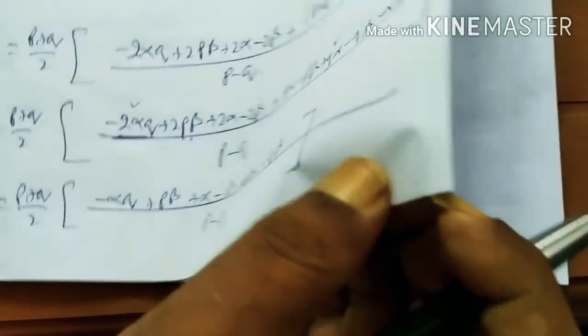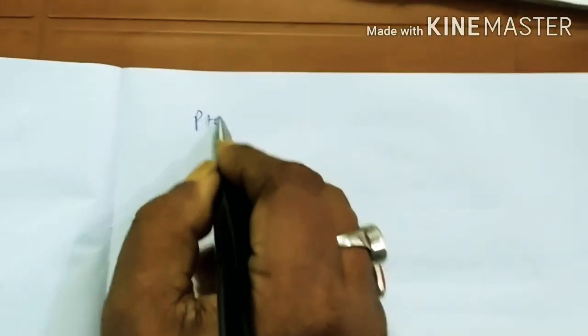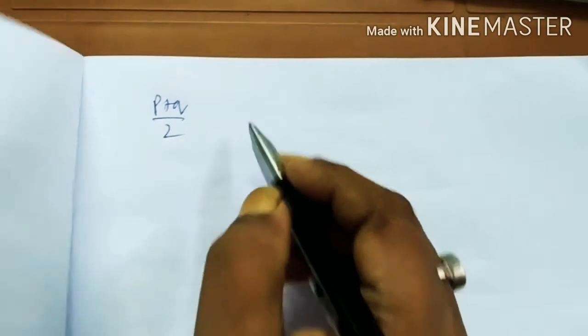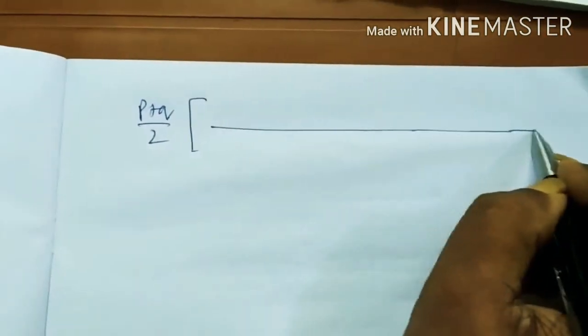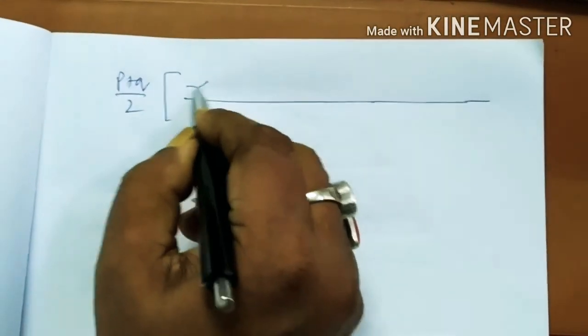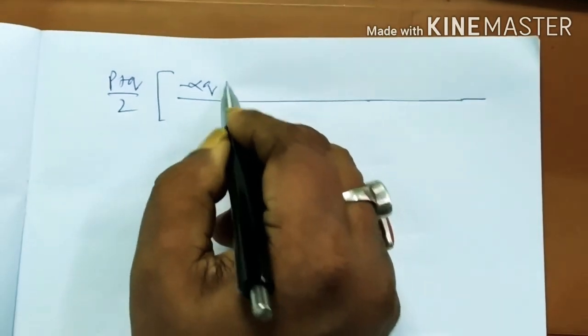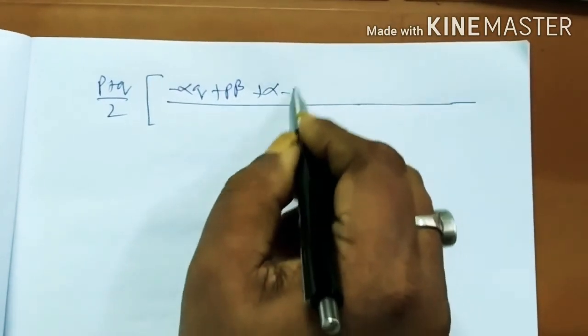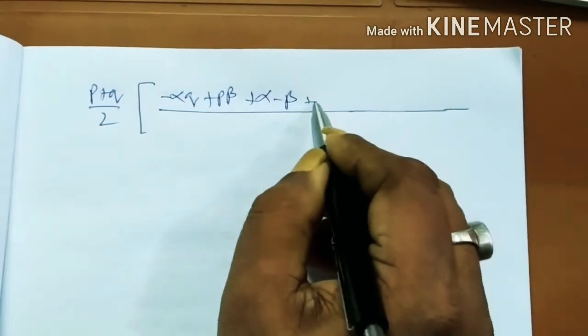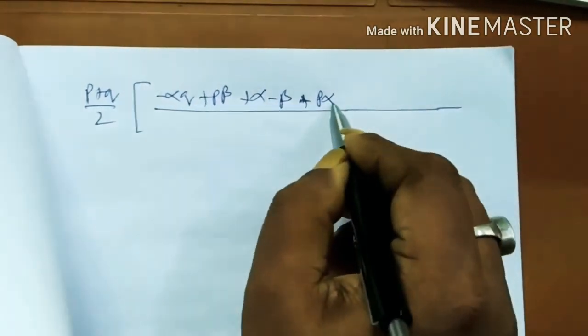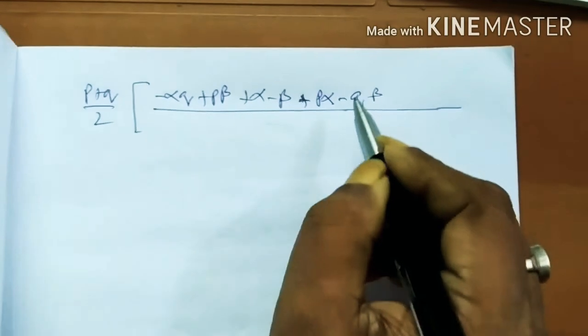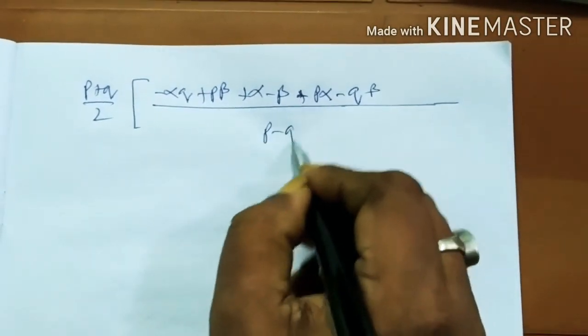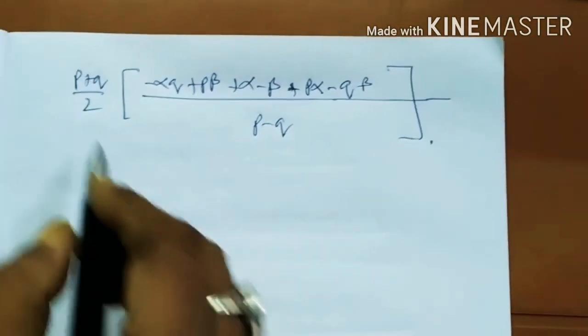Now I am going to write this on another page. Let me write here again. (p plus q) by 2 times [minus alpha q plus p beta plus alpha minus beta plus p alpha minus q beta] by p minus q. I have written it again.